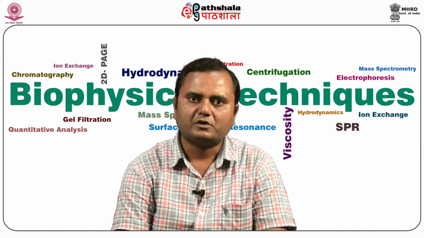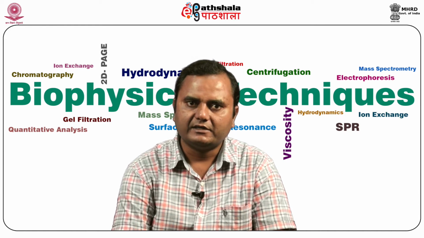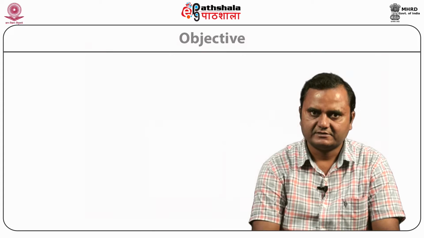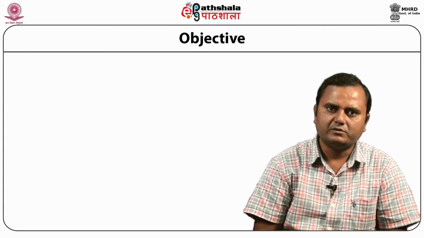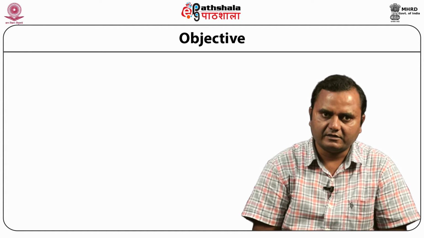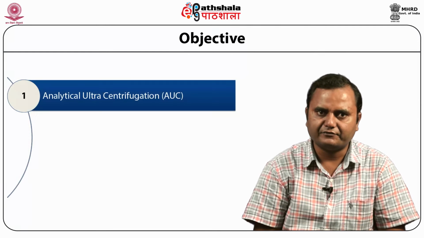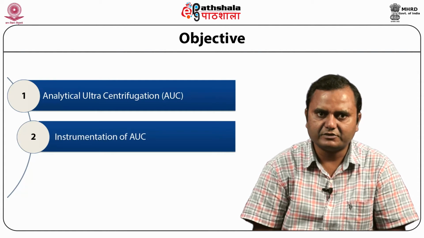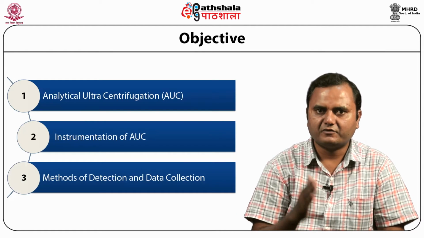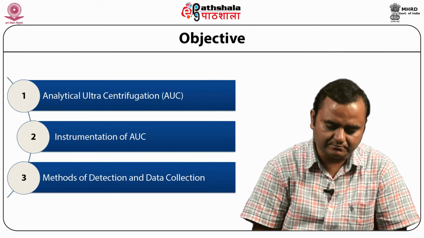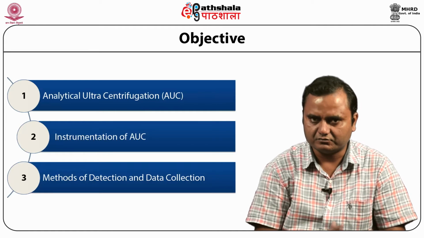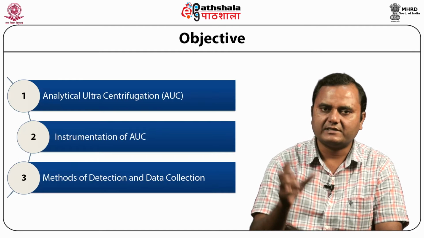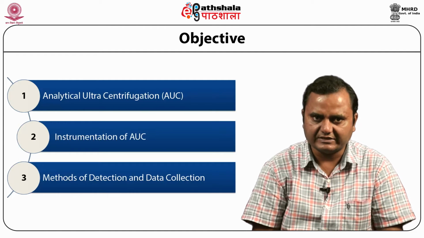Today I am going to talk about the module Analytical Ultracentrifugation from the paper Centrifugation Techniques. The objective of this module is to provide details on analytical ultracentrifugation, the instrumentation, the method for detection of the molecules, and of course how the data is collected and analyzed, because these are important components of analytical ultracentrifugation.